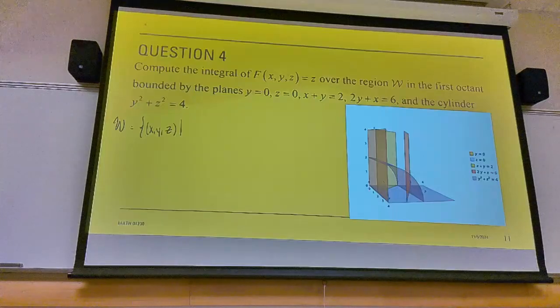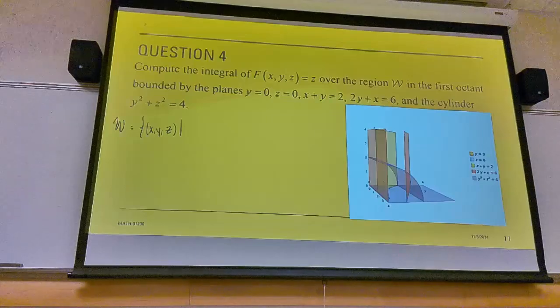This is the set of ordered triples such that, well, z represents height, right?